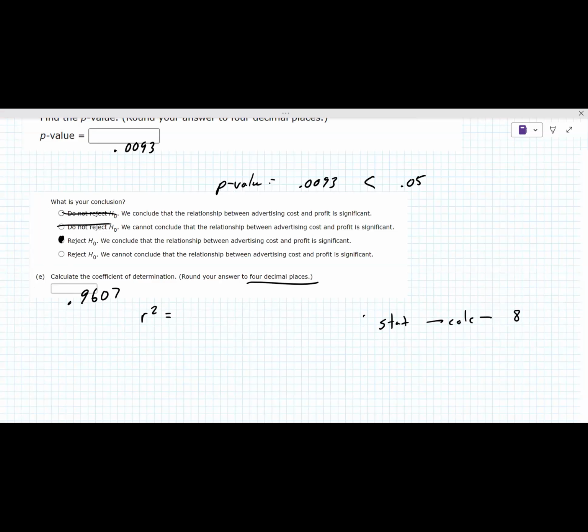Hope it didn't like that. Really? Yeah. .9607. Didn't like that. I mean, that's what I'm seeing in my software. Yeah, that's what I got too. Yeah, not sure. I couldn't tell you why this is wrong.